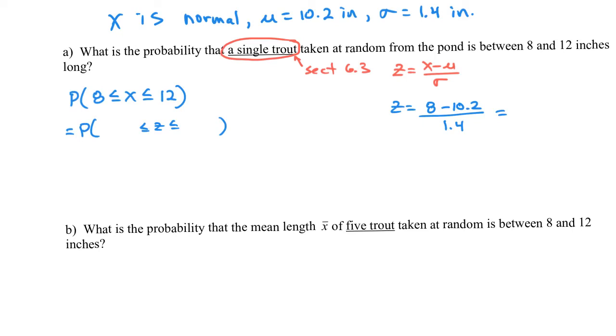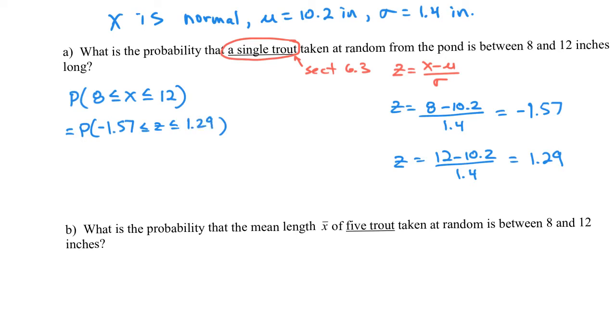It's got to be a negative z-score, because 8 is below the mean. 12, on the other hand, is above the mean, so that would be a positive z-score. And sure enough, you get right around negative 1.57 for this one. Then if I do the same thing with 12, I get 12 minus 10.2 over 1.4, which ends up being 1.29. So you get negative 1.57 for 8 and 1.29 for 12.